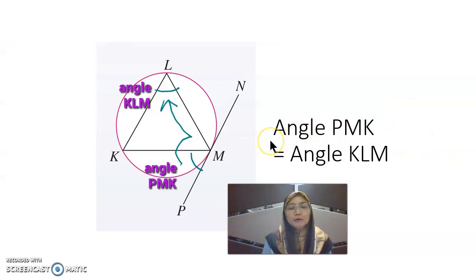See how it works. Angle PMK, the exterior angle, jump into opposite. Angle PMK is equal to angle KLM.